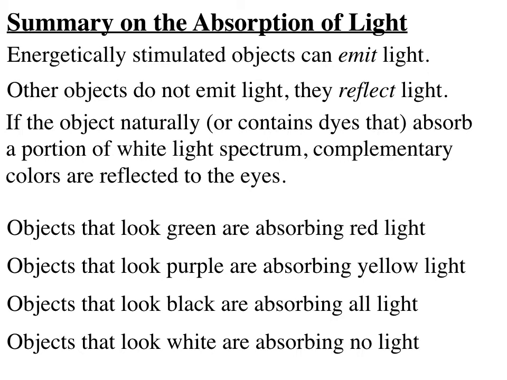And if it looks black, it's absorbing all light. Now, white objects are actually reflecting all wavelengths of light. So an object which appears white, a white t-shirt, something of that type, is bouncing all colors that are reaching your eyes simultaneously, and they are combined to look white.